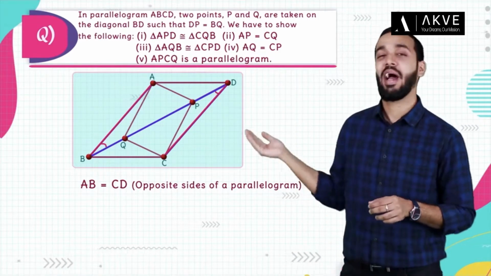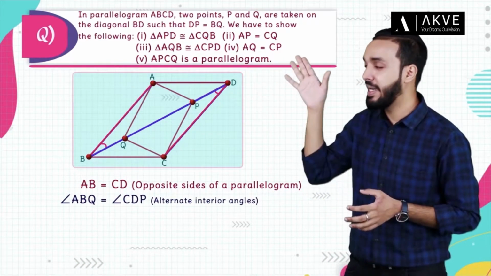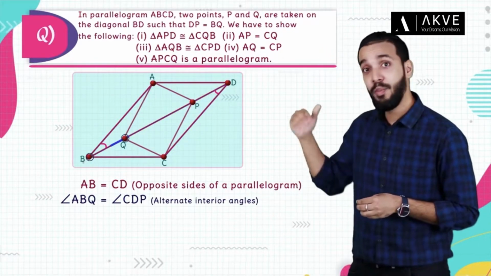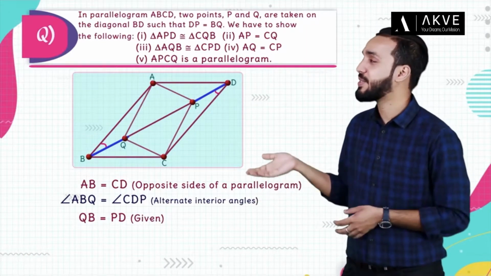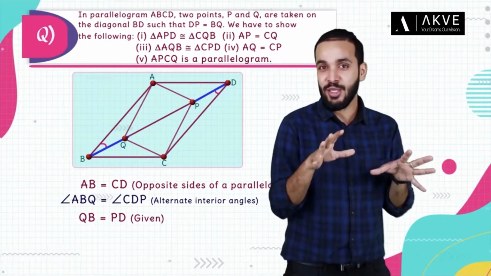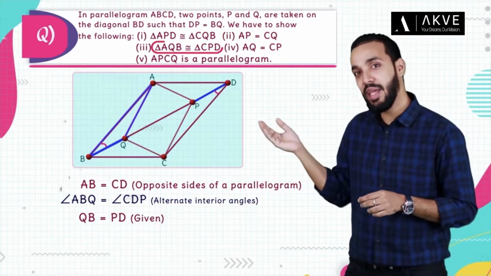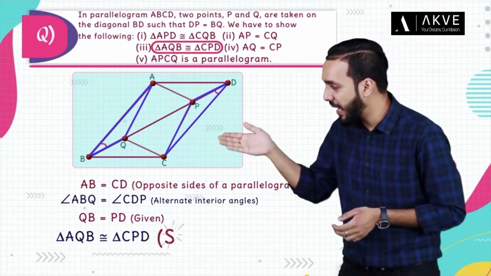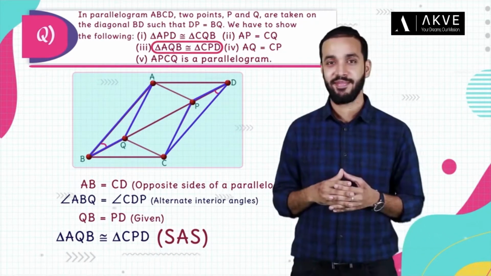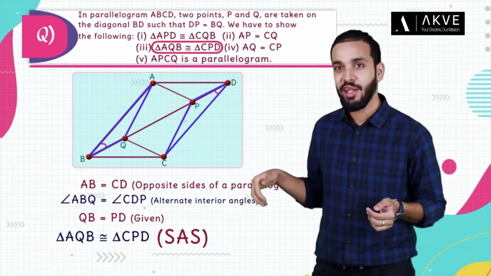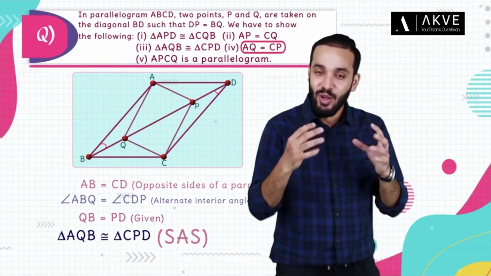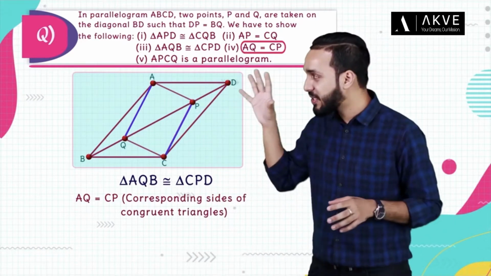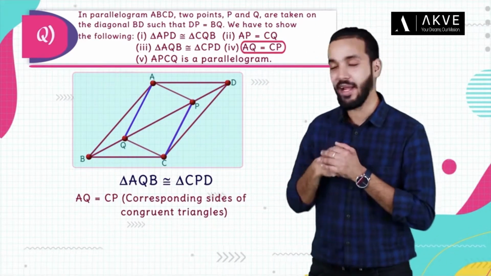Thus, these two angles form a pair of alternate interior angles and hence are equal. And QB is equal to PD because it's already given in the question. So, triangles AQB and CPD are also congruent by the same SAS criterion. And now that we have proved them congruent, the fourth part of the requirement is automatically solved. AQ is equal to CP because they are corresponding parts of congruent triangles.